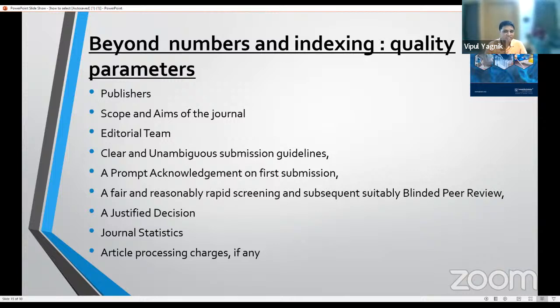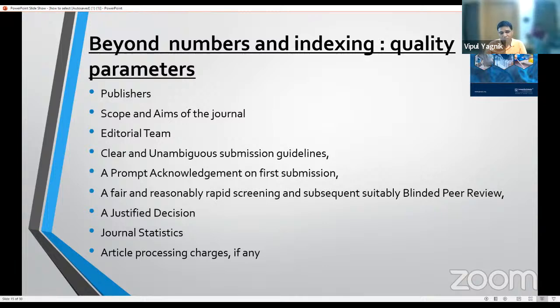Suppose some new journal is established, the new journal may not fulfill the criteria to be indexed in Science Citation Index, or to be indexed in Scopus. So that type of journal will not get an impact factor, will not have an SJR ranking, or will not have a CiteScore. So how will you decide the quality if the journal is new?